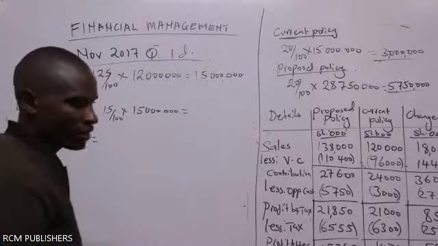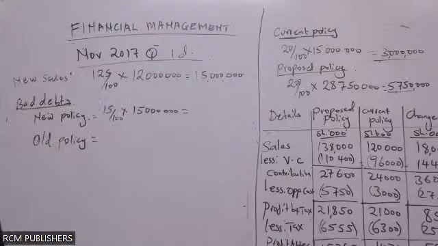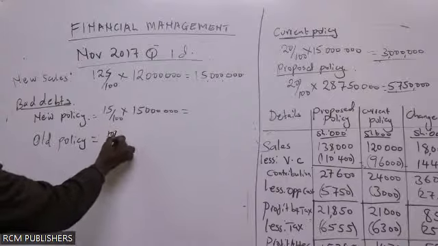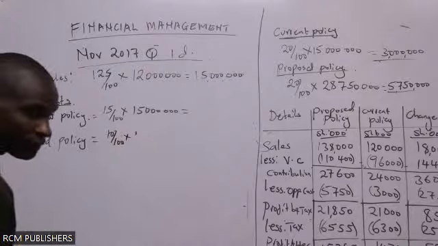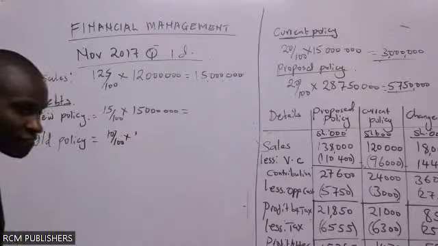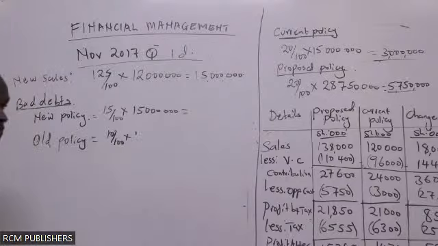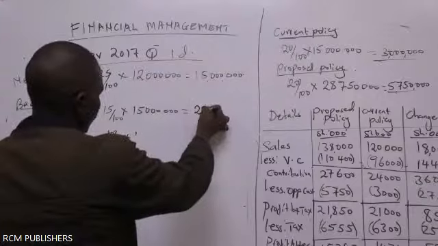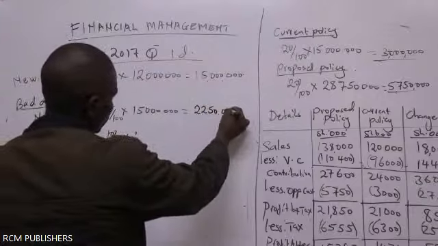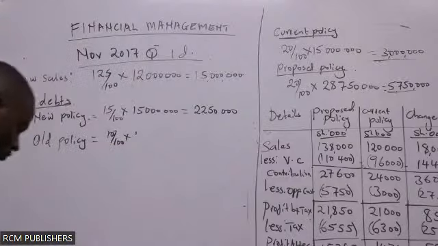It's the same. So the other one, remember, how much will the bad debt be? 10% of 12 million first. It's 250,000.